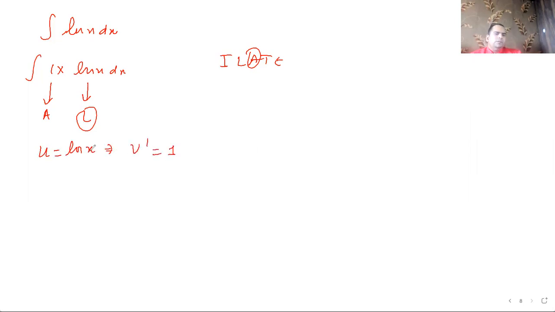So now in the formula, integration of uv dash is uv minus integration of vu dash. So u dash is going to be 1 over x and v is going to be integration of 1, which is x itself.